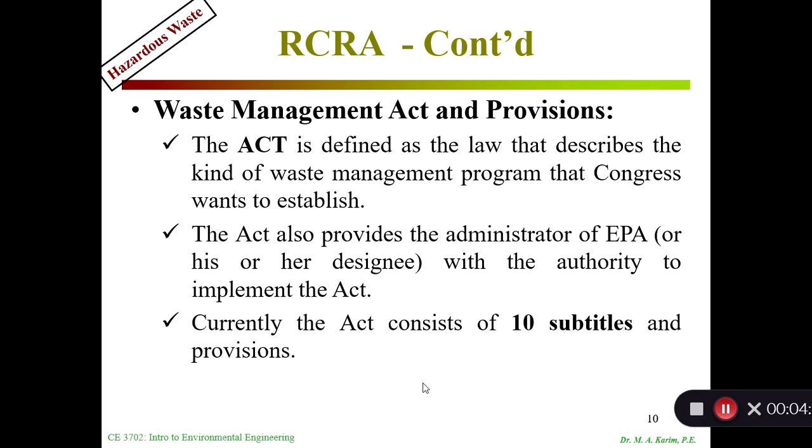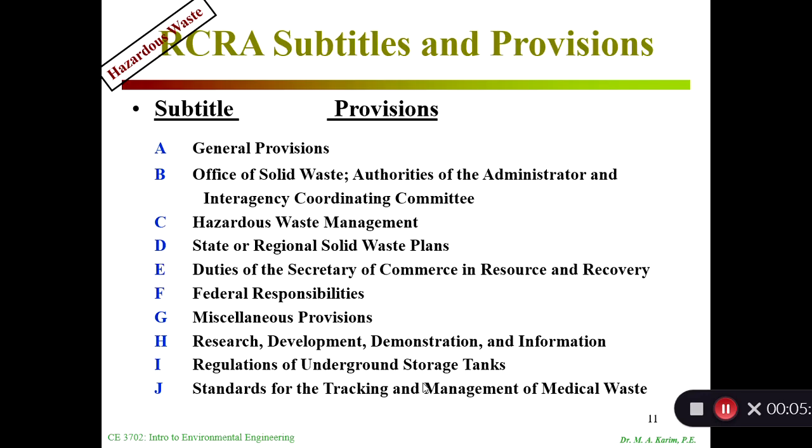So, the Waste Management Act and provisions. The Act is defined as the law that describes the kind of waste management program that Congress wants to establish. The Act also provides the administrator of EPA or his or her designee with the authority to implement the Act, ultimately to create the regulations out of it. Currently, the Act consists of 10 subtitles and provisions. So here are the 10 subtitles.